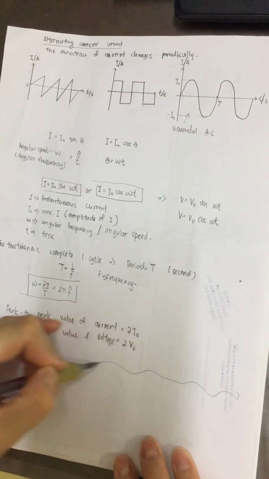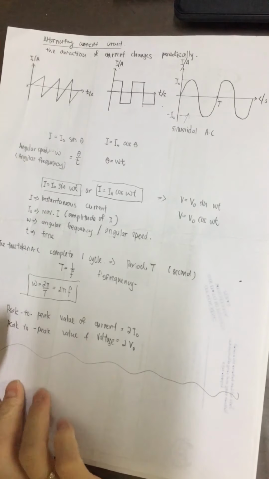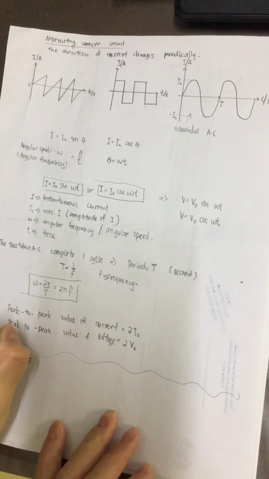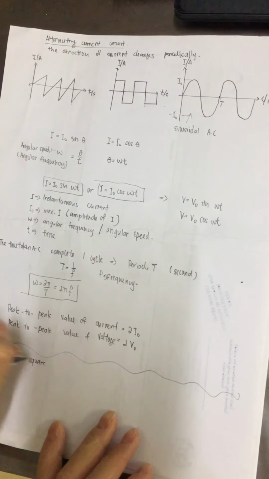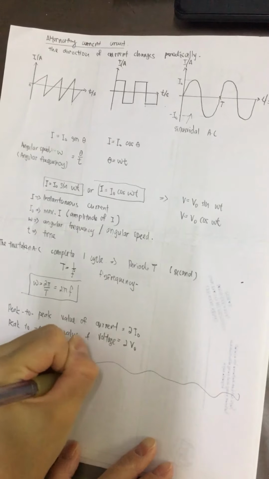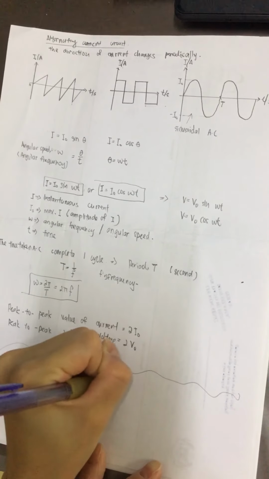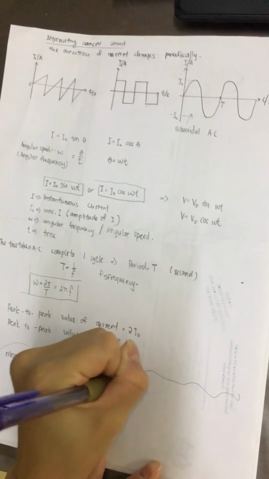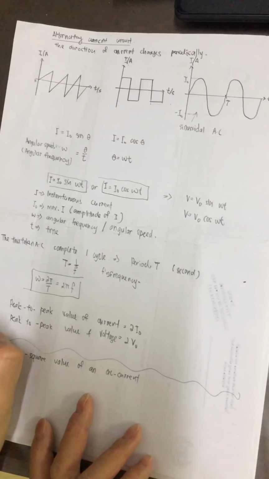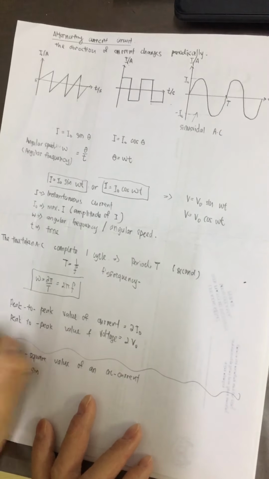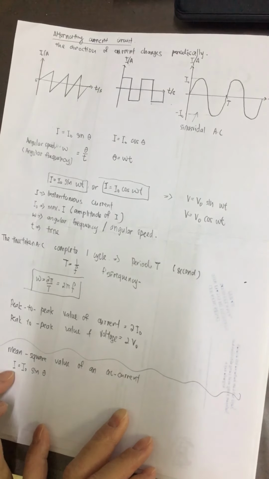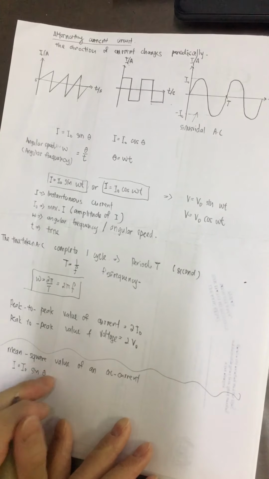Okay. So now you have to learn what is the mean square value of an AC current. We know that AC current can be represented using this equation, or I equal to I naught sine omega t.